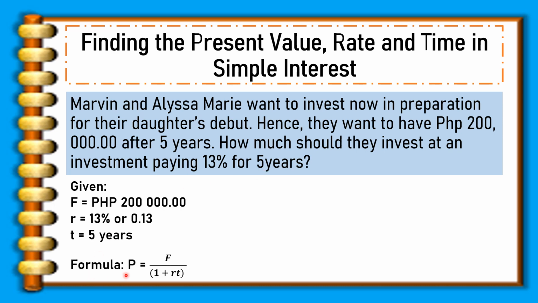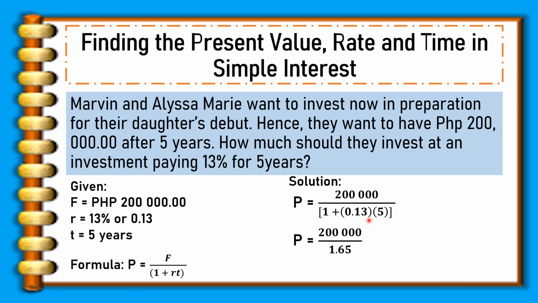Formula to be used is P equals F over quantity 1 plus RT. So simply input all the given into our formula. So F is being replaced by 200,000 pesos and R by 0.13 and T by 5. So you need to simplify first the numbers in the denominator.